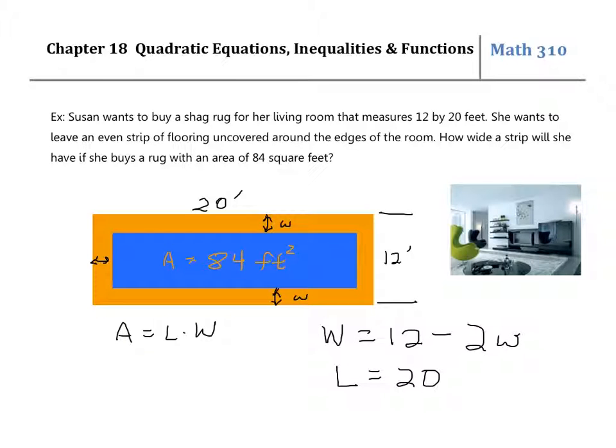And then in the same way, since this area here is also w and this is also w, it's going to be all of this length minus this little area and this little area. So it's 20 minus 2w. And we know that the area is 84 feet squared.